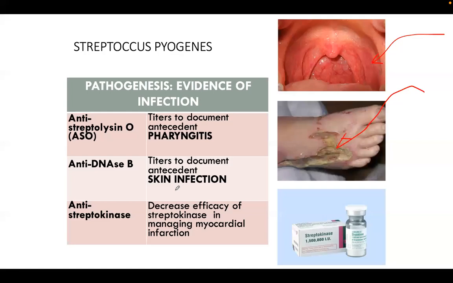And of course, we have a drug which has been developed from the streptococci itself. This is streptokinase. So this is used as a clot buster or a thrombolytic for myocardial infarction.